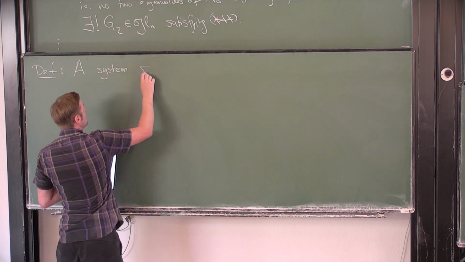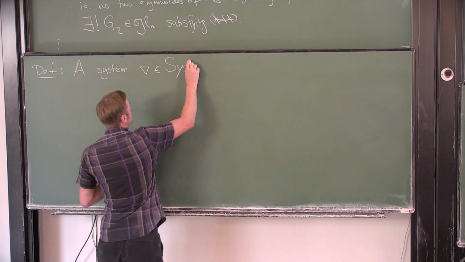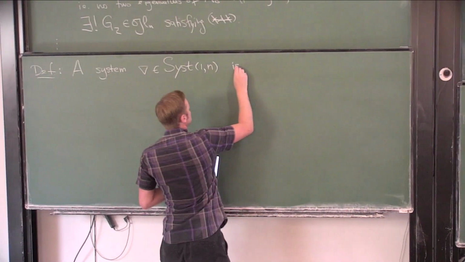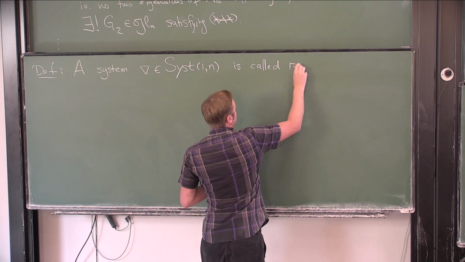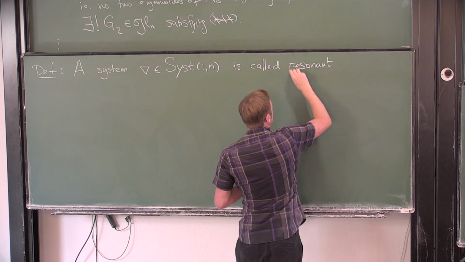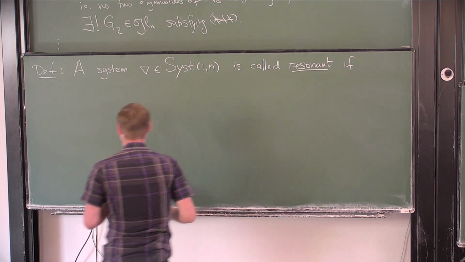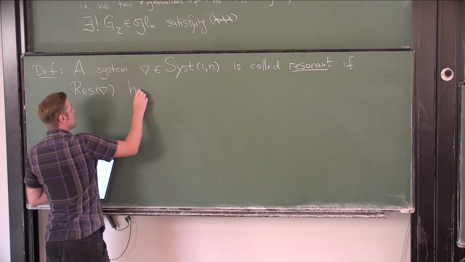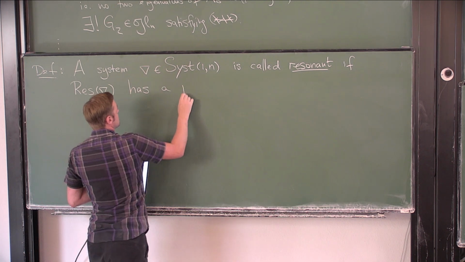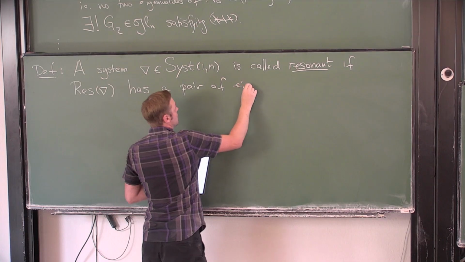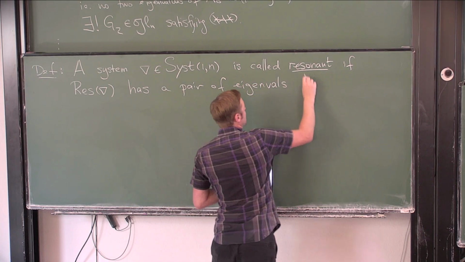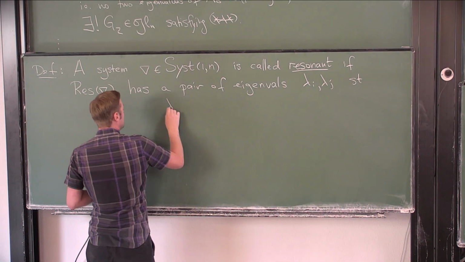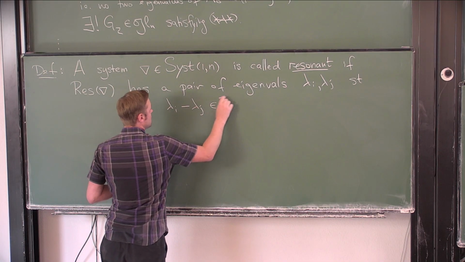A system nabla is called resonant if the residue matrix of nabla has a pair of eigenvalues, lambda i, lambda j, such that lambda i minus lambda j is an integer.